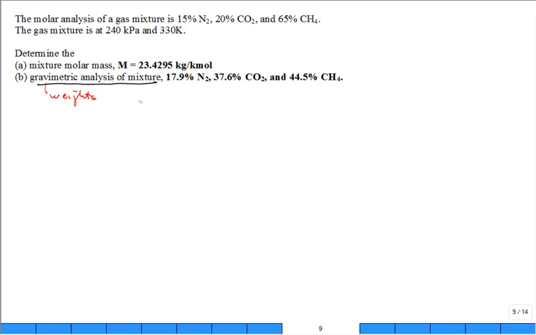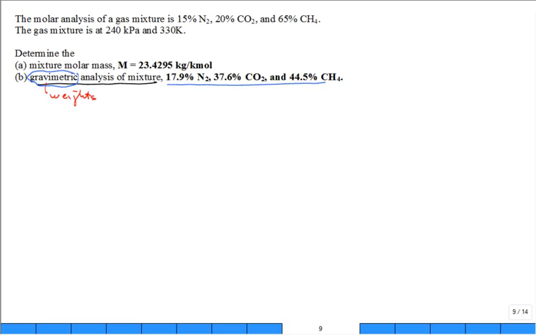It's a mass. Yeah, mass fractions. Exactly right. The answer that they're looking for are the mass fractions. So don't let this word gravimetric throw you off. It's in the book. It's in the lecture. Fair game on final exams.